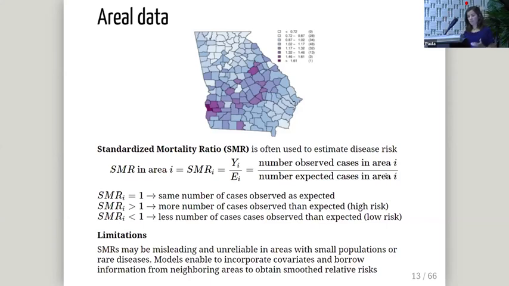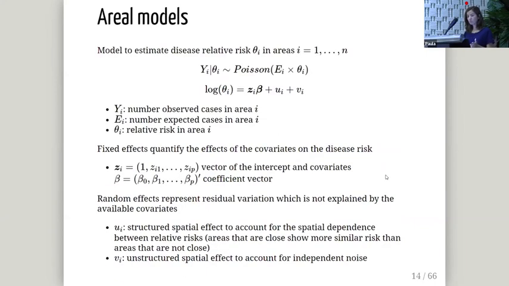Instead of doing this, we fit models that enable us to incorporate covariates and to borrow information from neighboring areas to obtain smooth relative risks. So we use models like this. Here, theta i is the relative risk of area i, the quantity that we want to estimate. We say that the number of cases in area i follows a Poisson distribution with mean the expected counts times the risk.